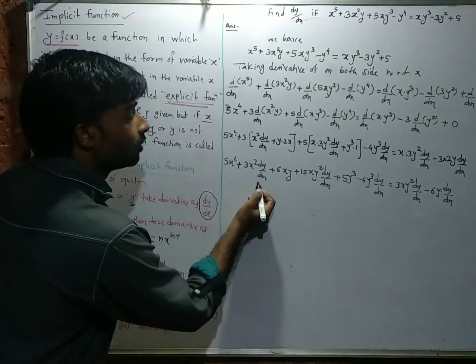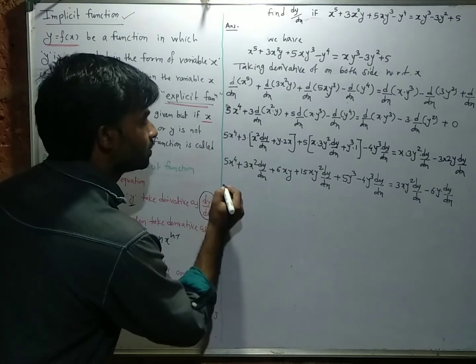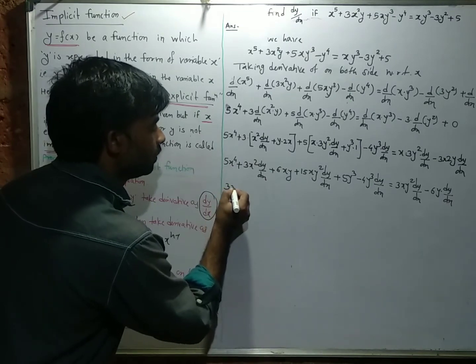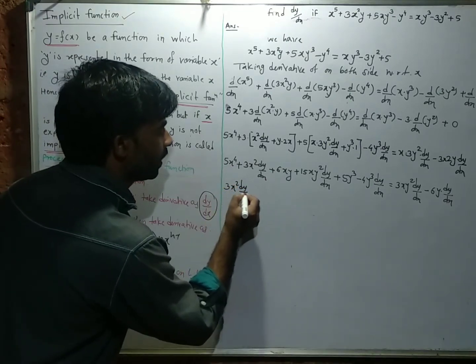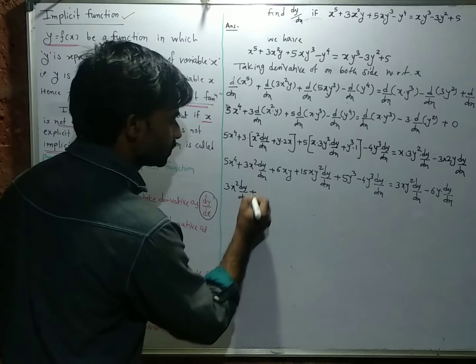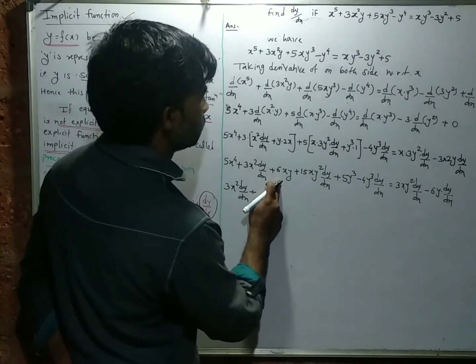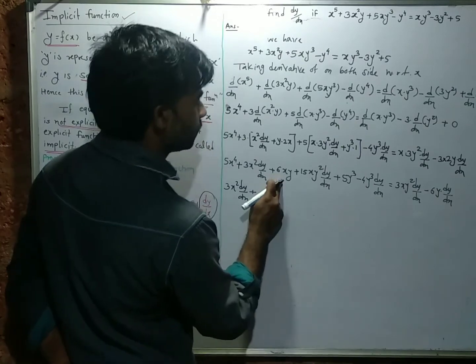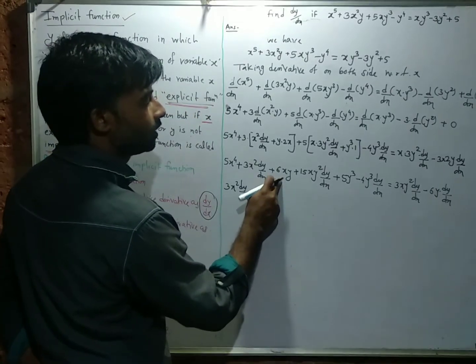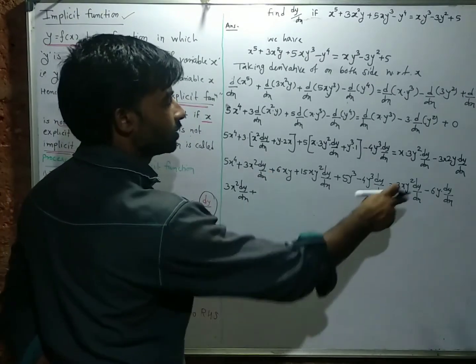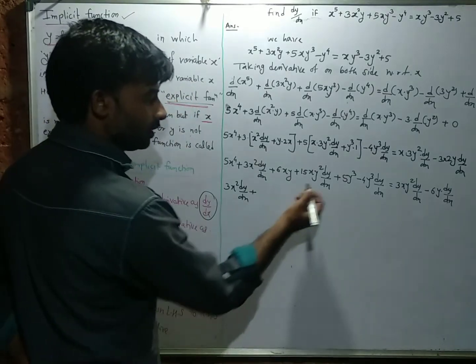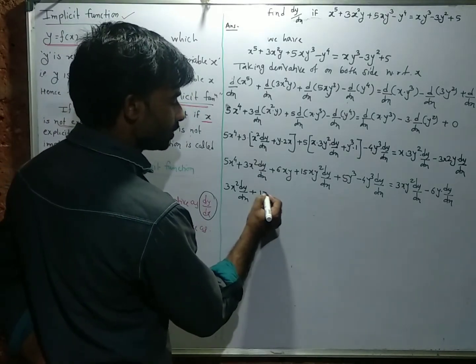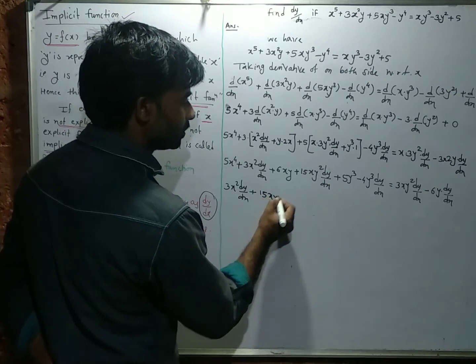This term containing dy by dx remains as it is in the left hand side, therefore 3x square dy by dx plus this term. This term does not contain dy by dx, so it is also transferred to the right hand side. This term contains dy by dx, therefore it is placed as it is.